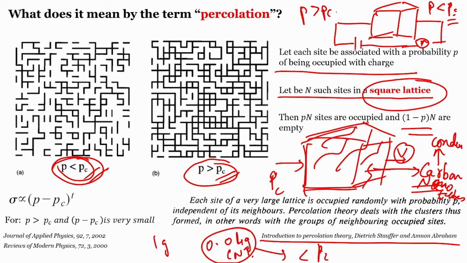In this case, what we will find is there is a continuous path and the charged particles are able to cross from point A here to point B. Why? Because now there is a continuous percolative path between point A and point B. So this is a kind of formal definition which has been described in this particular book.